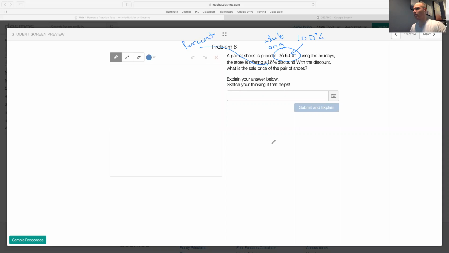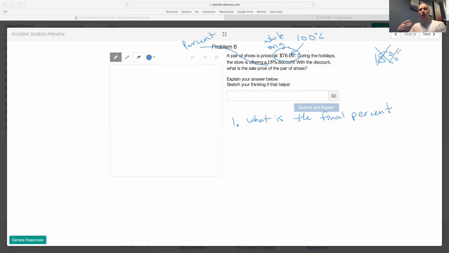And the first thing you've got to do is figure out, so I'll write step 1. What is the final percent? Because when we do the math for this one, we don't want to use 18%. We don't care so much about the fact that it's an 18% decrease.